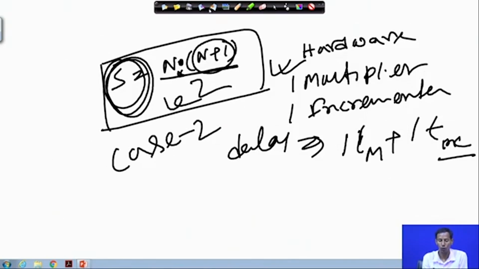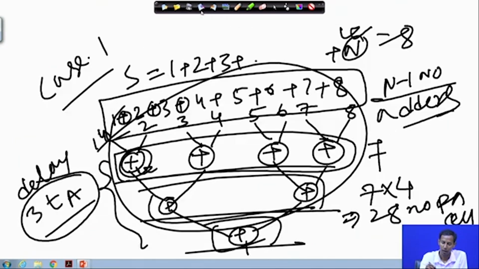So, what is this case 2? Here what I am doing is calculating the values simultaneously, or in parallel. I am putting all these values in parallel into this particular circuit, and then I am getting the corresponding output.